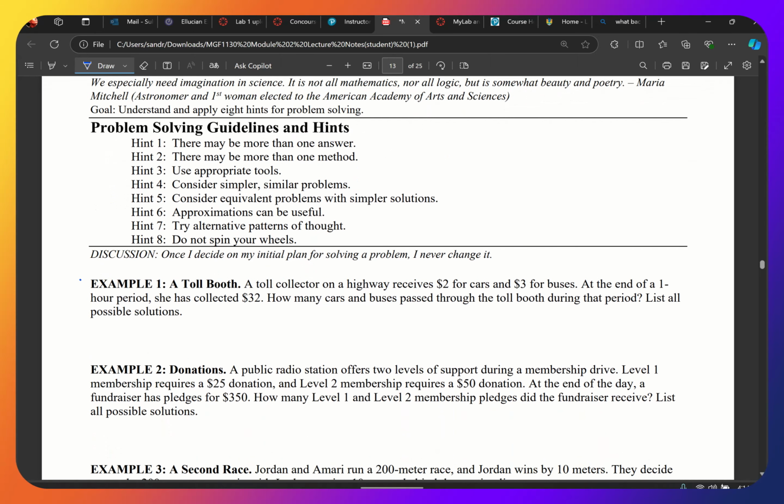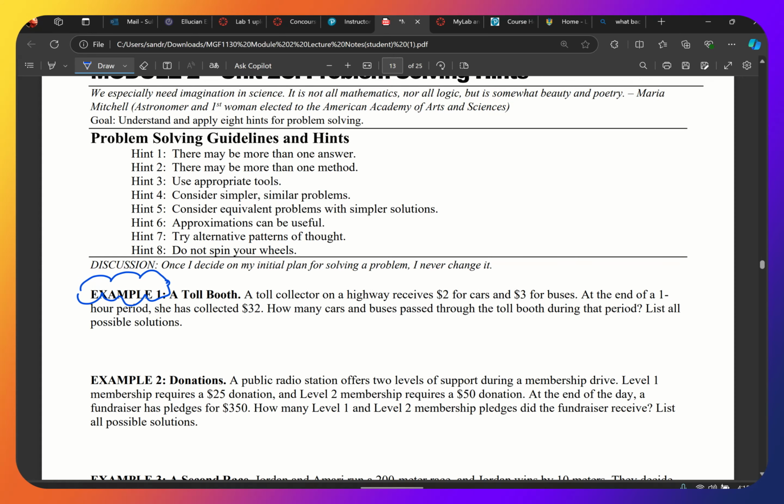So here is the first example. The toll booth. In the homework, you have to select all that apply for the multiple answers. But these have multiple answers. A toll collector on the highway receives $2 for cars, so let's say 2x, and $3 for buses, plus 3y.